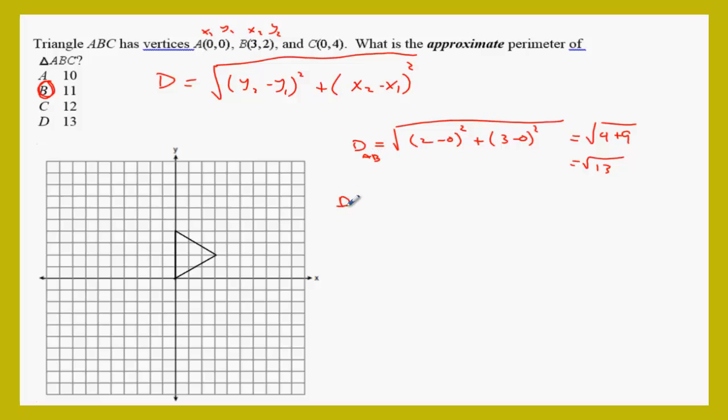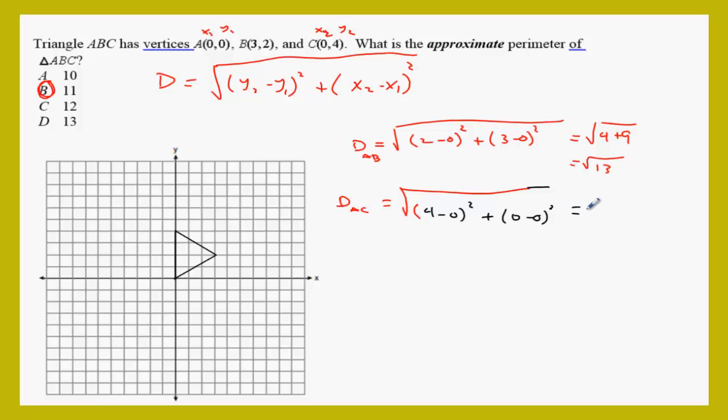Now we find the distance of AC. Let's erase this one and make this one x2, y2. We need to find AC. So y2 in this case is 4 minus y1, which is 0, squared, plus x2, which is 0, minus 0 squared.